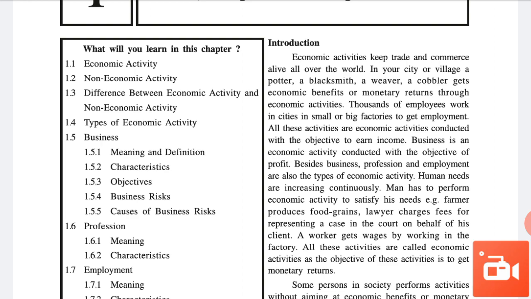I can say money. That is economic activity. In common parlance, it is an activity in which an employee gets money in return for the work done, that is economic activity.